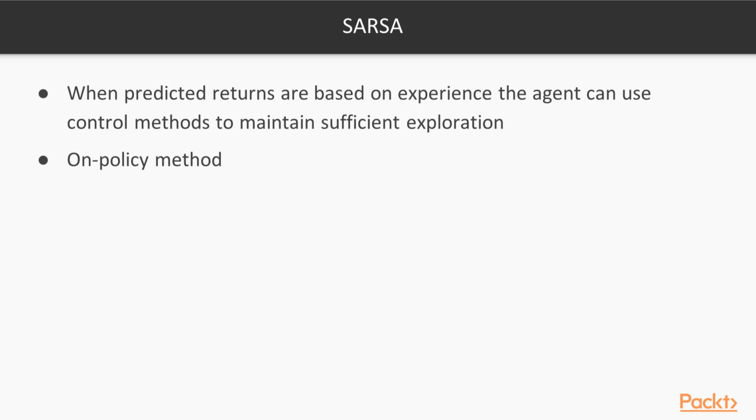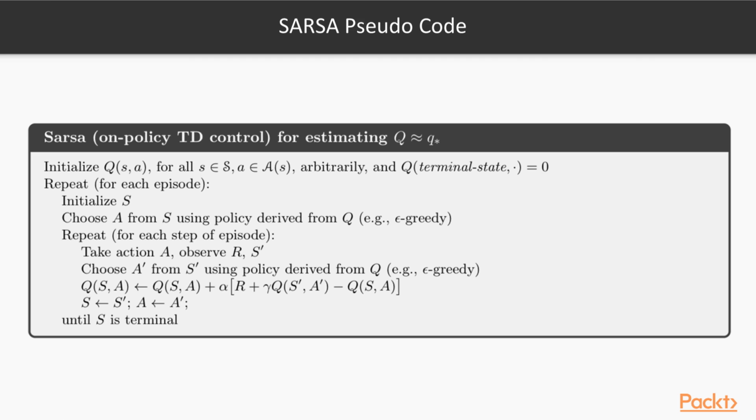So what about the SARSA method? The SARSA method is an on-policy method, which, if you recall, attempts to evaluate or improve the given policy that is used to make decisions, and it's used as a control function when you're thinking about exploration versus exploitation. Here's some pseudocode for the SARSA method. The SARSA method is basically a way to use temporal difference prediction methods for the control problem.